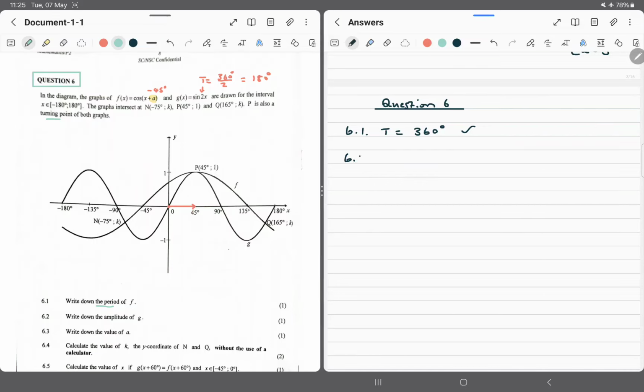1 mark. 6.2. We need to write down the amplitude of g. Now amplitude is from rest position to maximum, right? So that's 1 unit. So the amplitude is equal to 1 unit. Remember, this is a distance, so you must not just write 1.